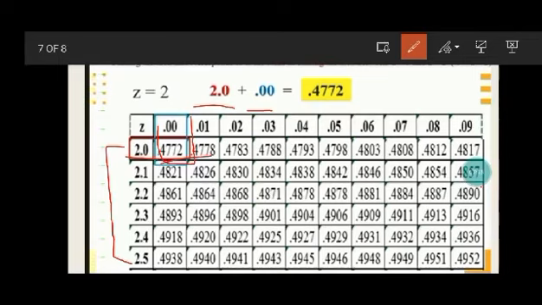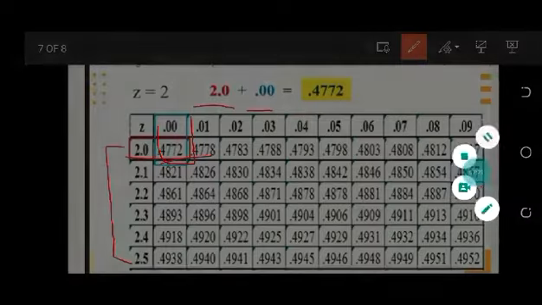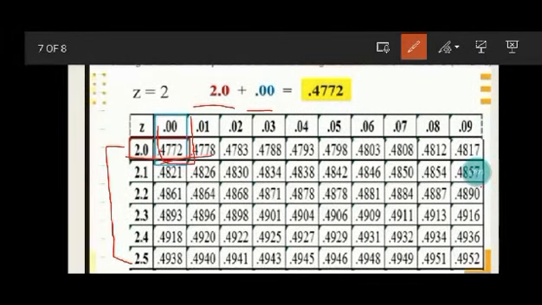Yan po yung value ng ating z value. Therefore, ang intersection nila is 0.4772. Yan yung area corresponding to z equal 2. So, therefore, yung area nito ay 0.4772.